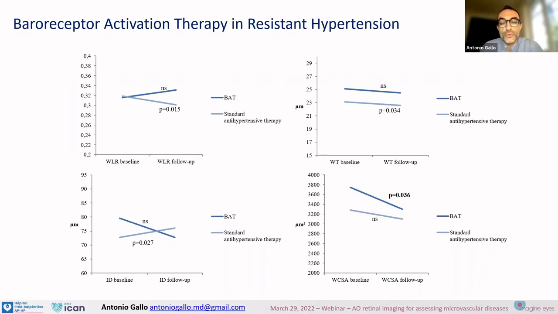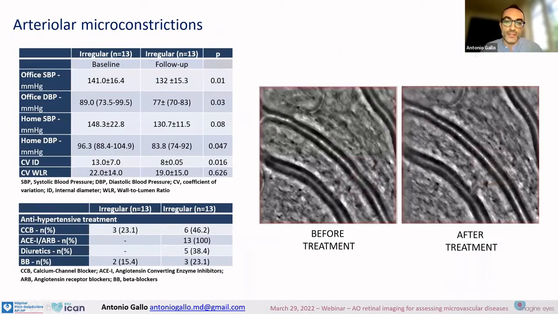And we also observed that in subjects who presented some of the features that Michel showed in a much more detailed image, with segmental microconstrictions, we could actually observe a normalization of the vascular caliber after normalization of the blood pressure control.